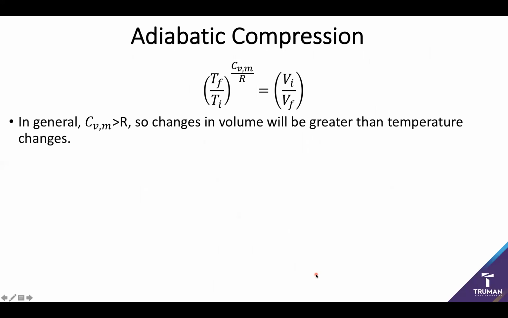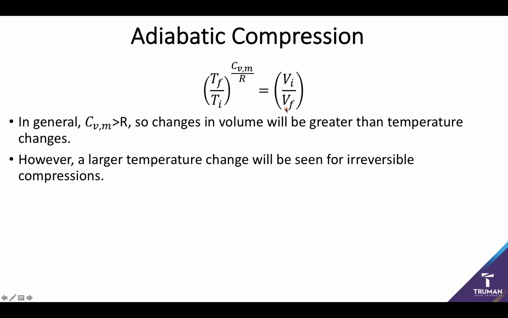So again, in general, any changes in our volume are going to be greater than our temperature changes, because we have this dampening, this exponential factor coming from our heat capacity. And the more energy I can pack into my gas, say if I have a diatomic gas where I can pack in a little bit more energy per given temperature, 5 halves R, we're going to see an even greater volume change.